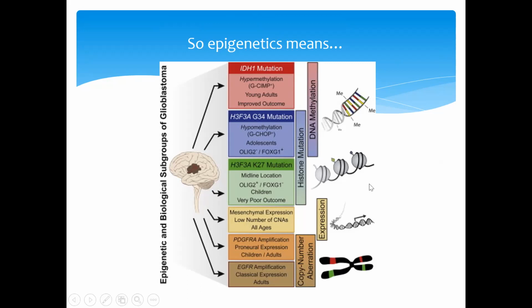Over here to the right-hand side, chromosome, beginning expression of methylation, histone mutation occurring here. Remember, the histone is the wrap. Here is the change.